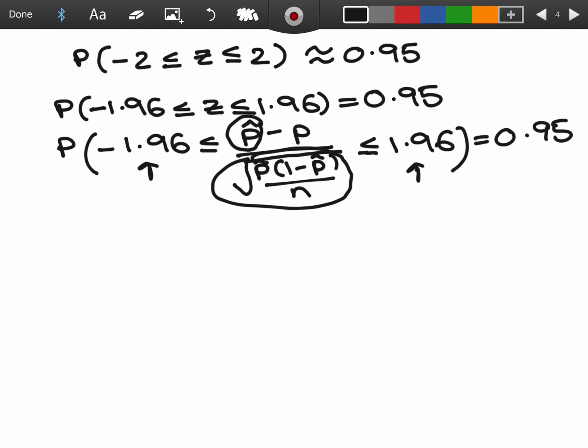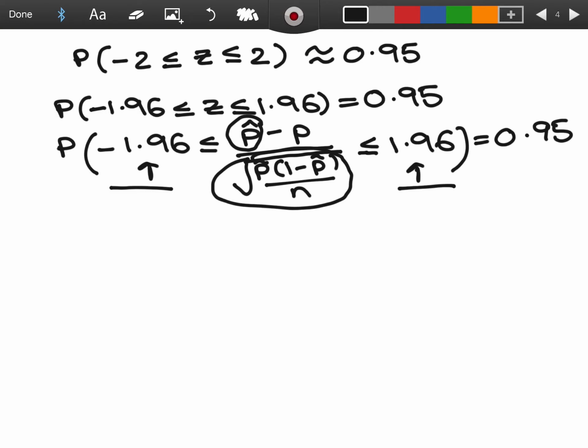And then I would have to multiply all the way through by -1, which will switch around my inequality. Whenever you multiply or divide by a negative, it always switches the inequalities. And that will leave me with my population proportion in the middle and bounds on either side.